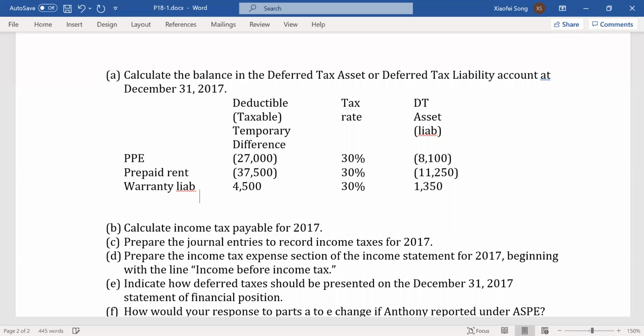Okay, so the net deferred tax, well, looks like we're going to have a net deferred tax liability because we have far more deferred tax liability than asset, right? Net deferred tax liability is 18,000.